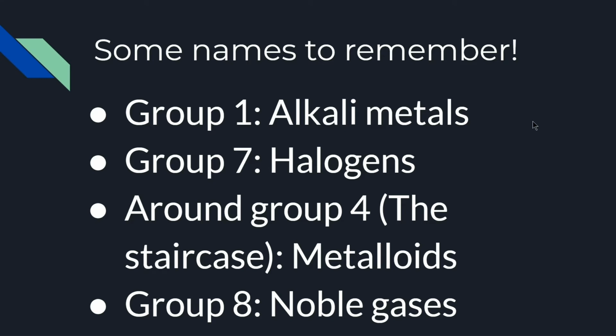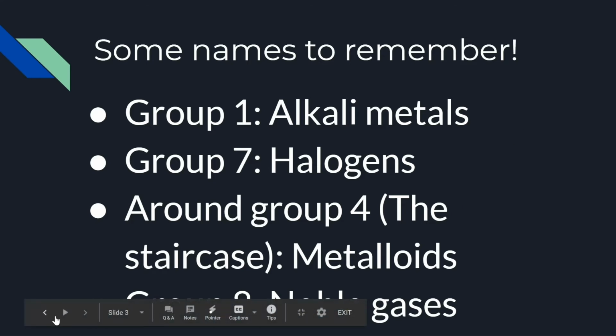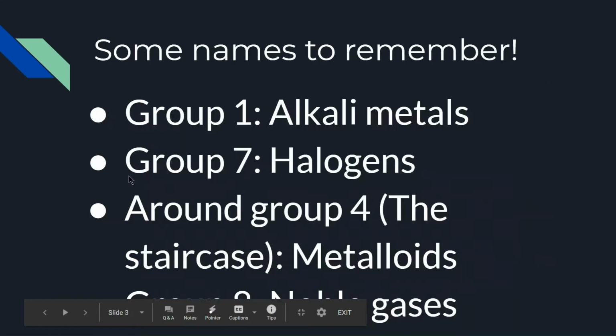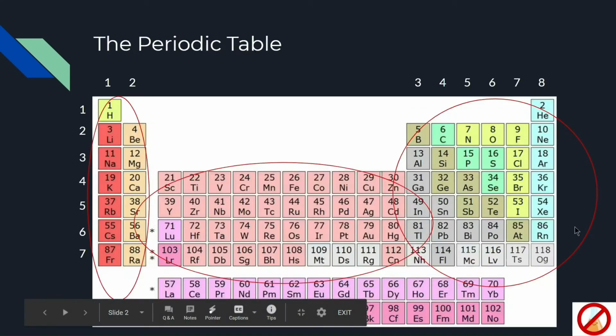When we talk about groups, group 1 right here, this vertical column, is what we call the alkali metals. That's the name for group 1. And if we look here, group 7, which is around here, these are the halogens. So we have the alkali metals and we got the halogens.